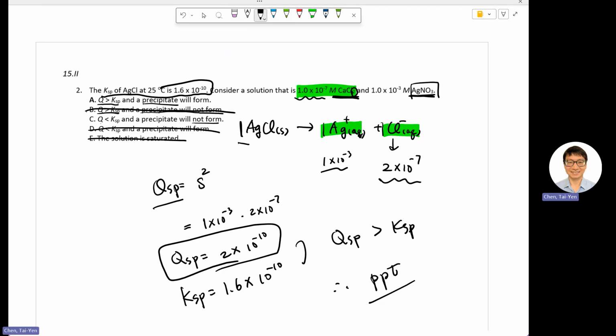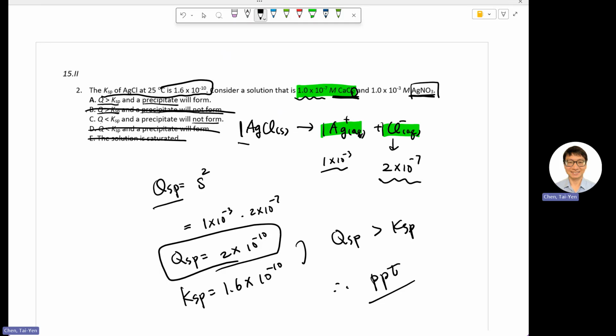So, to recap this: every time you see a question like this, it's going to be very symbolic, okay? Because you're going to see 5 answer choices comparing your QSP and KSP, telling you whether a precipitate will form or not. Make sure you know that among the 5, only 2 of them are reasonable answers, right? Q larger than K, precipitate. Q smaller than K, no precipitate. These are the only 2.